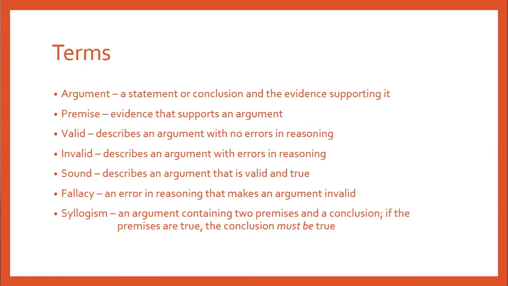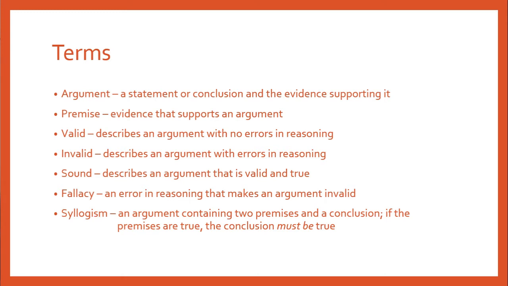An argument is a statement or conclusion, and all of the evidence used to support that statement and conclusion. So, in the previous example, the argument would consist of all three statements: all people are mortal, Socrates is a person, and therefore Socrates is mortal.